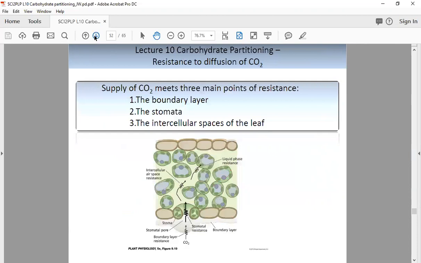So each part of the diffusion pathway imposes what's referred to as a resistance to carbon dioxide diffusion. The gas phase of carbon dioxide diffusion into a leaf can be divided into three components, three points of resistance: the boundary layer, the stomata, and the intercellular spaces within the leaf.